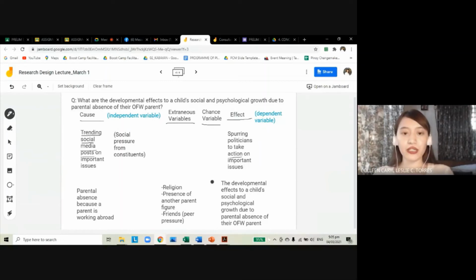So a chance variable is composed of the respondent's state of mood and the research instrument.